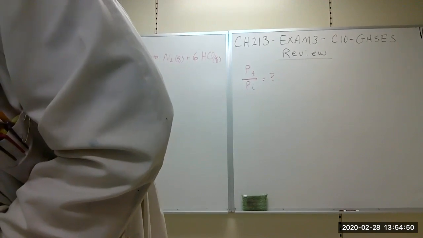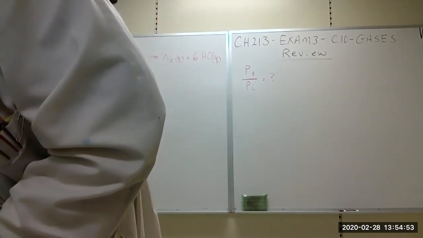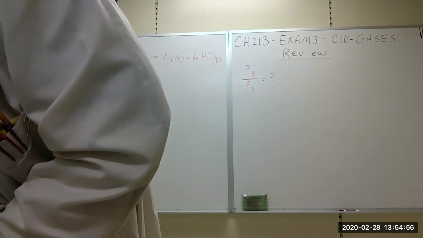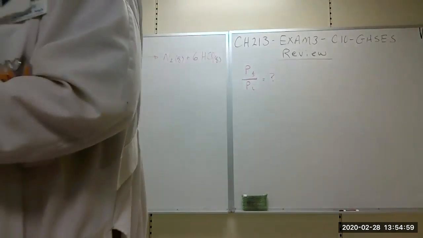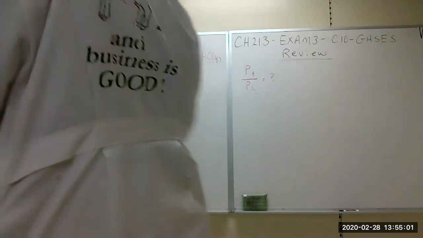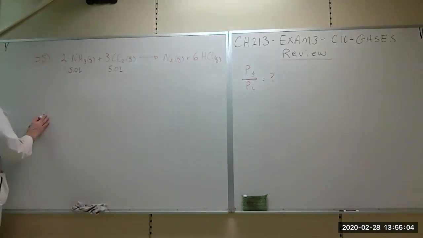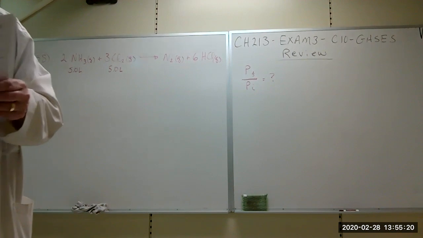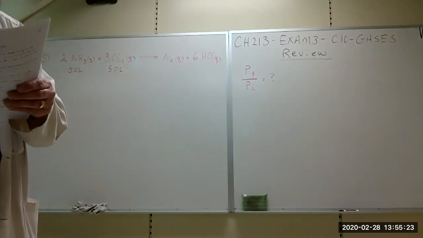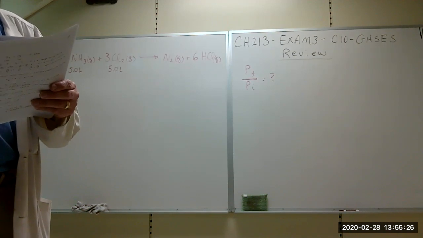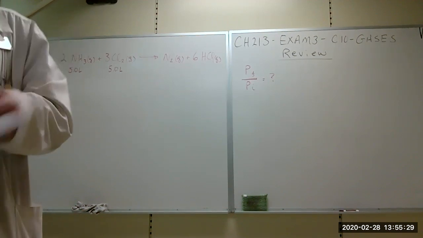Let's see. Maybe I did need to go through all this logic. The conditions are also going to have to be constant for volume and temperature. I think. Let me be sure. 5 liters of that, 5 liters of that, in a closed container.